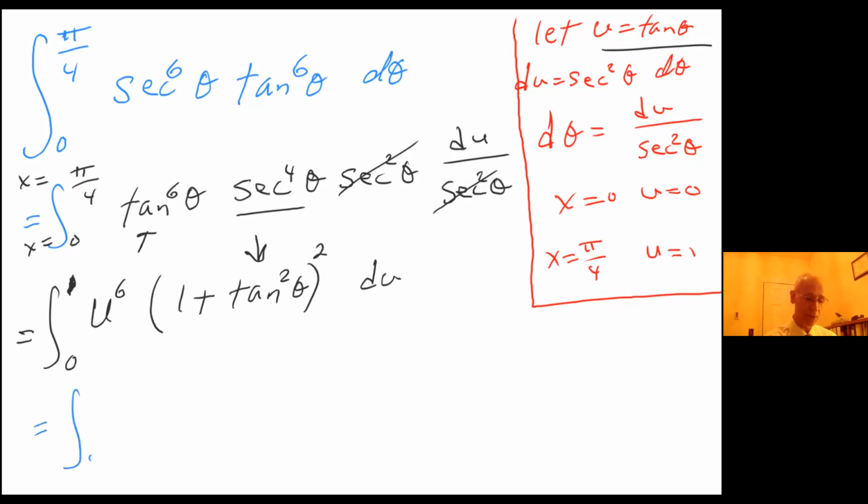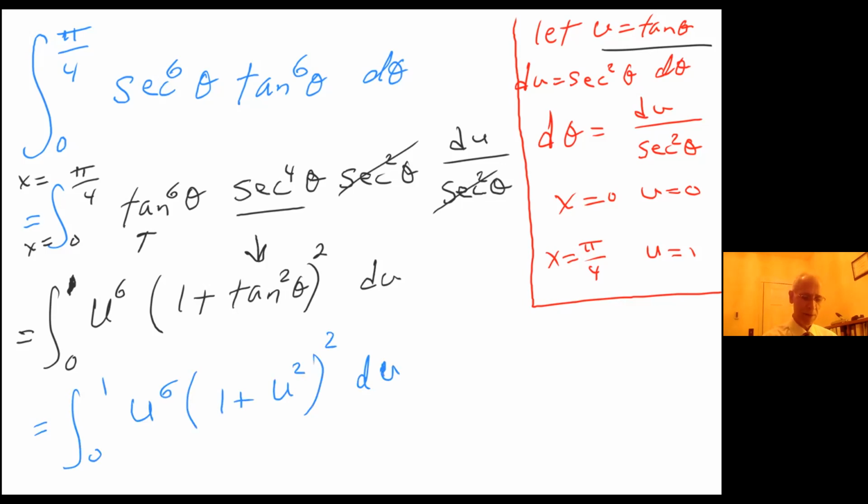So from 0 to 1, u to the power of 6, 1 plus u to the 2nd, and I do have the 2nd power here, du. I hope you can see this. This has a few more steps than the previous ones.